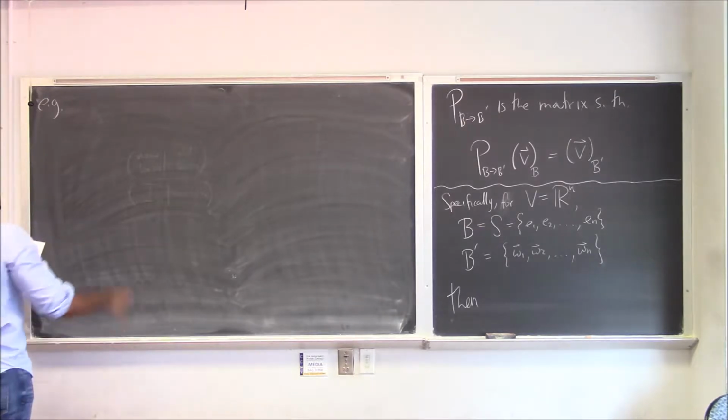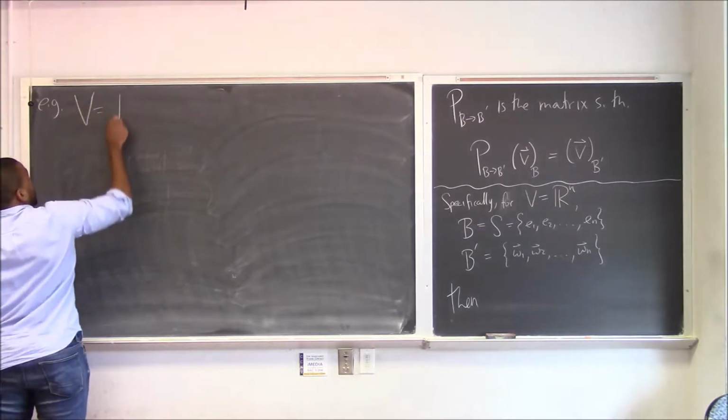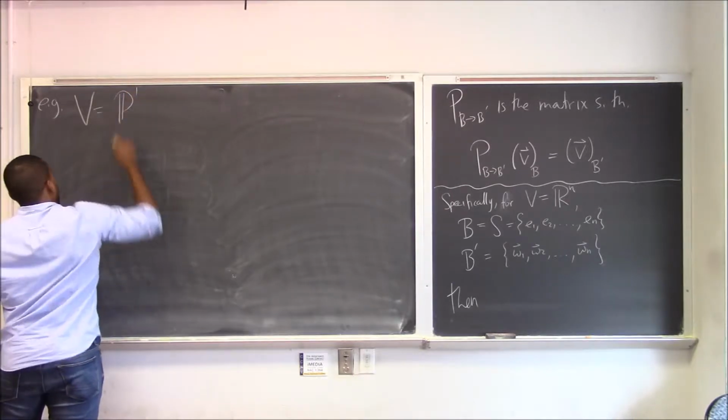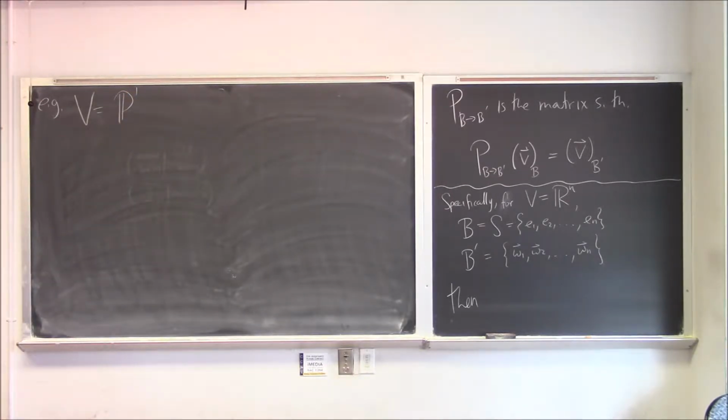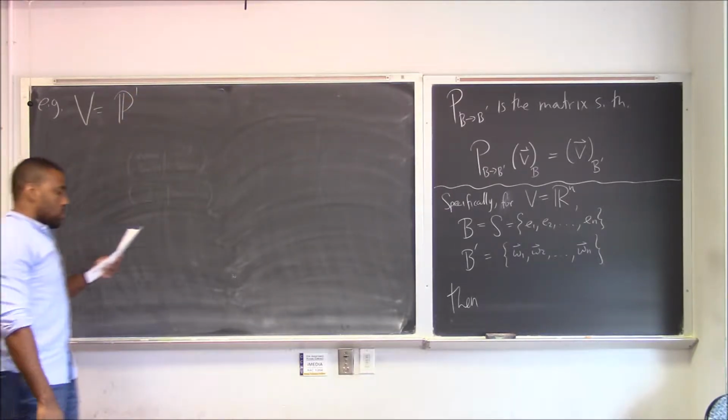So the vector space under consideration here is P1, the set of polynomials of degree 1 or less.